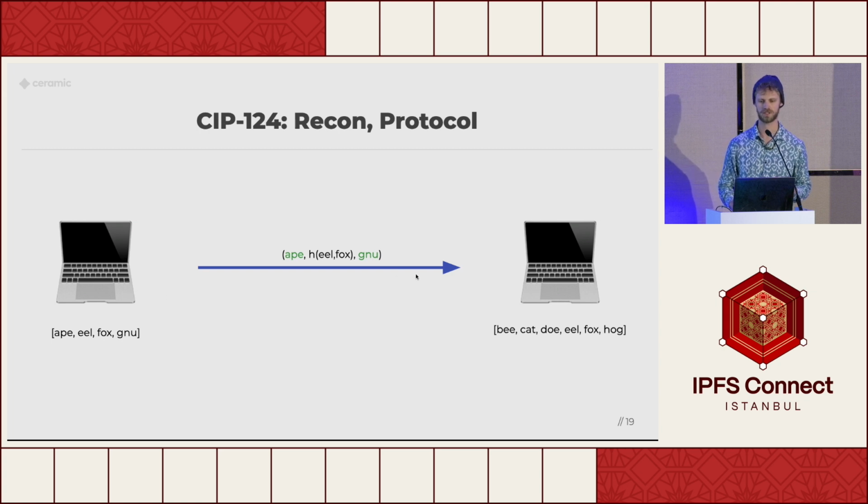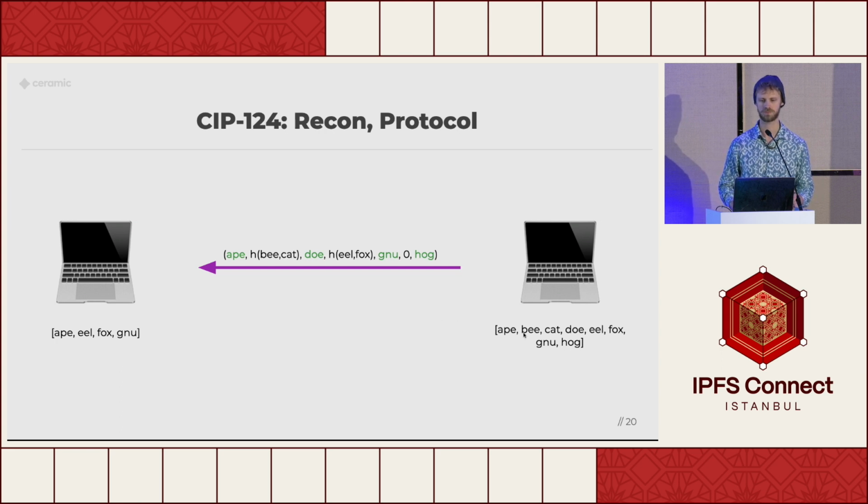So it sends a message to the other computer that includes ape. It includes the hash of the two intermediary values, and includes the last value. So you can see the first, the last, and the hash of the things in between. The other computer receives this message, adds the thing it didn't have to its own store, and then sends back.